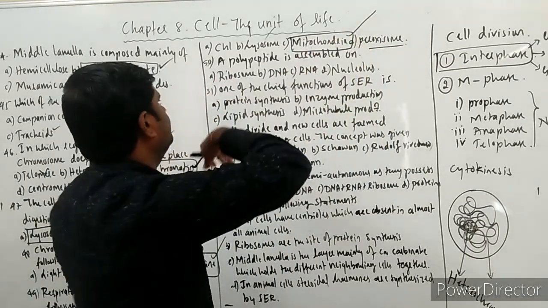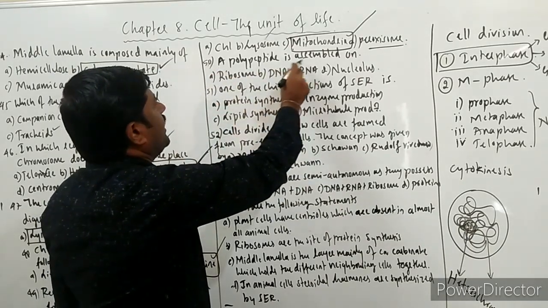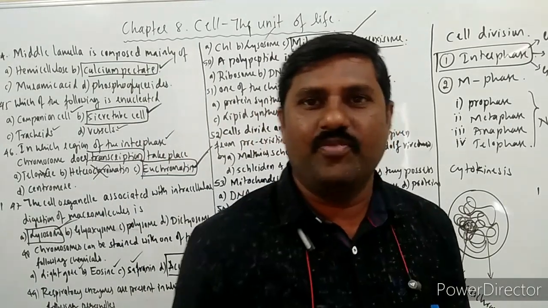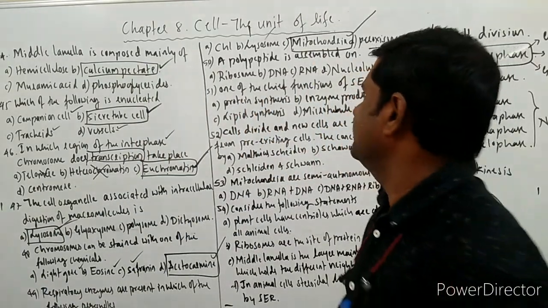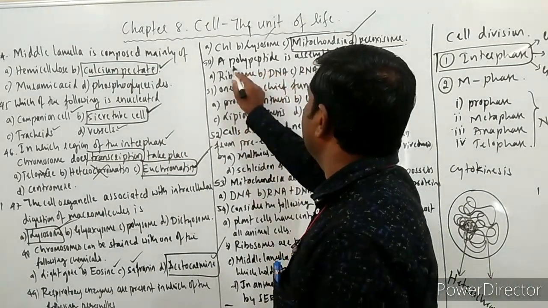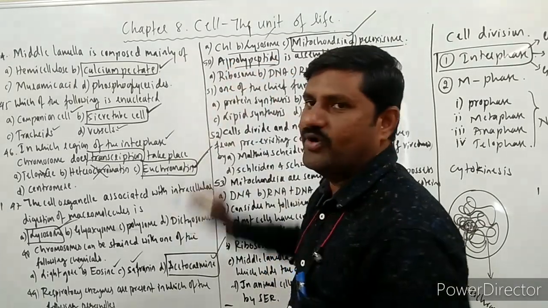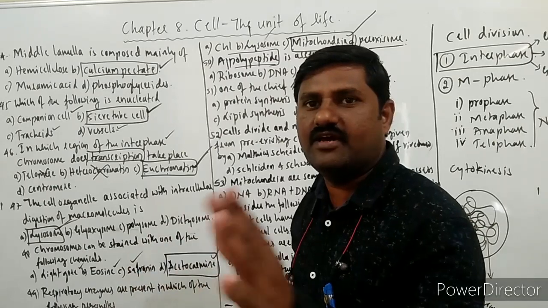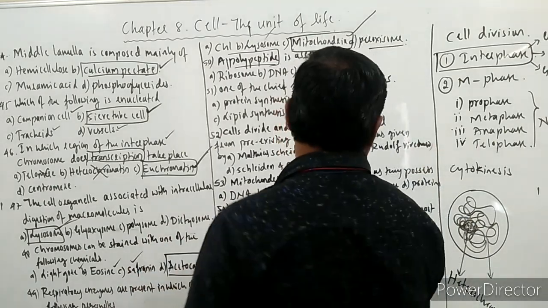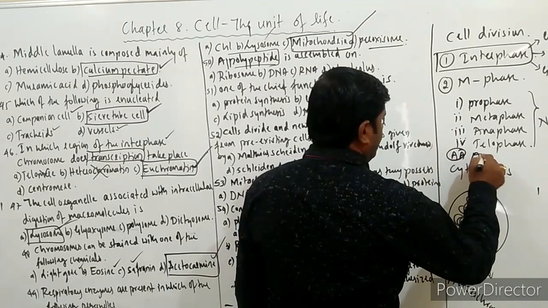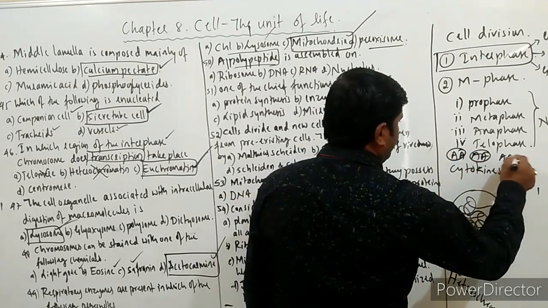See here, next question. A polypeptide is assembled on, right? So polypeptide, I have already explained for you people. Polypeptide is nothing but a chain of amino acids. See here, this is one amino acid, this is another amino acid, this is another amino acid.